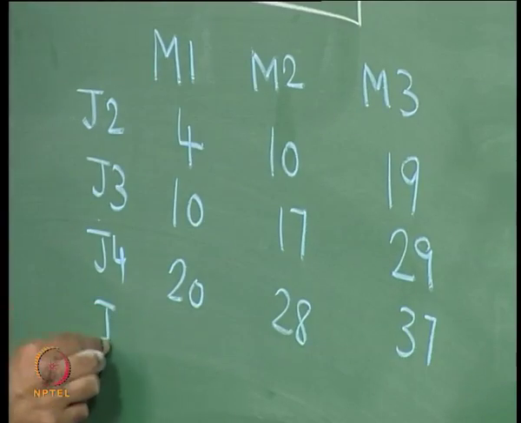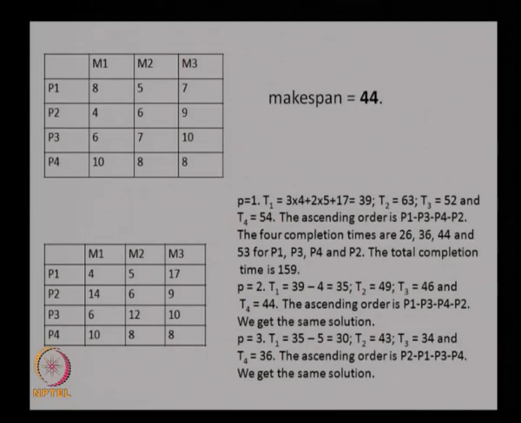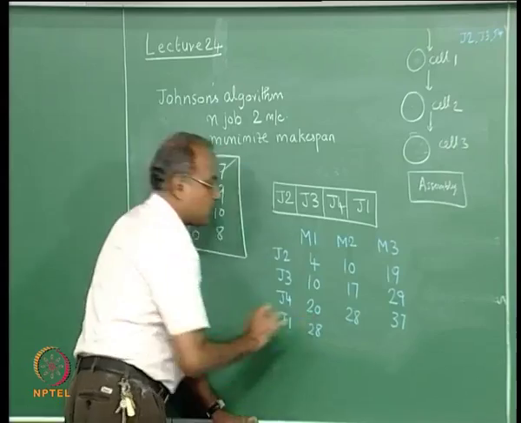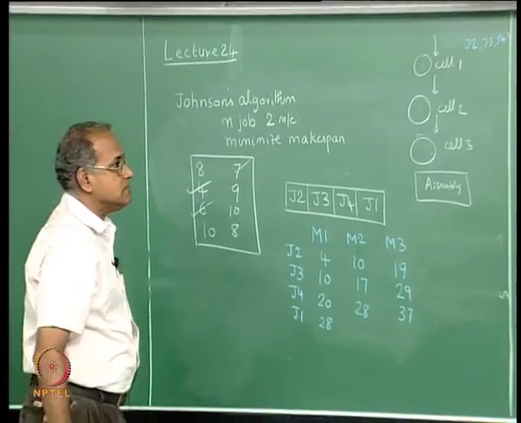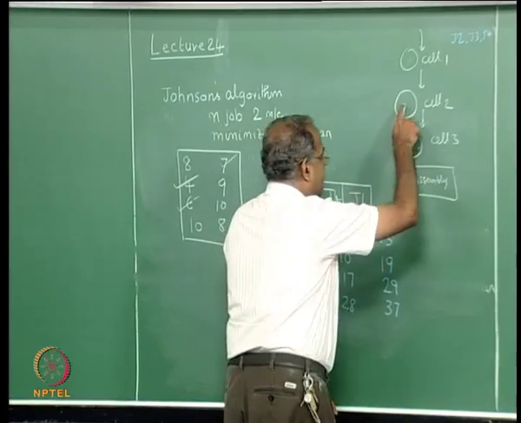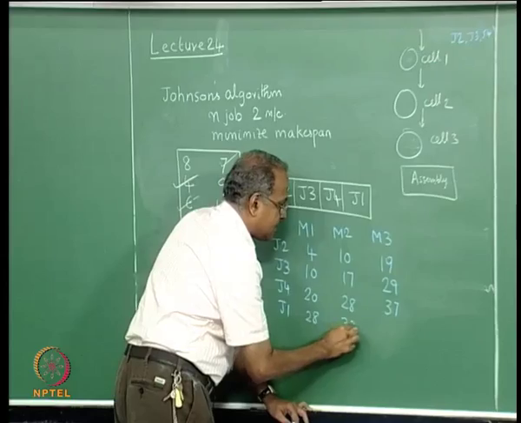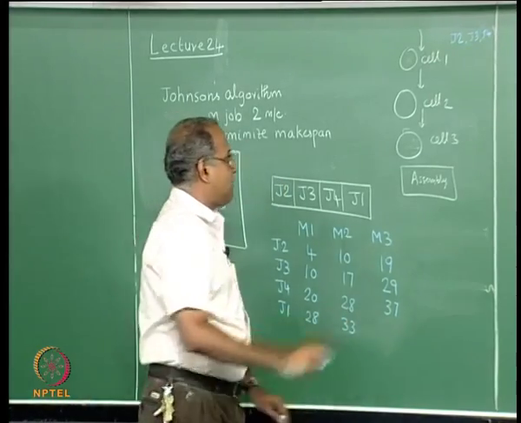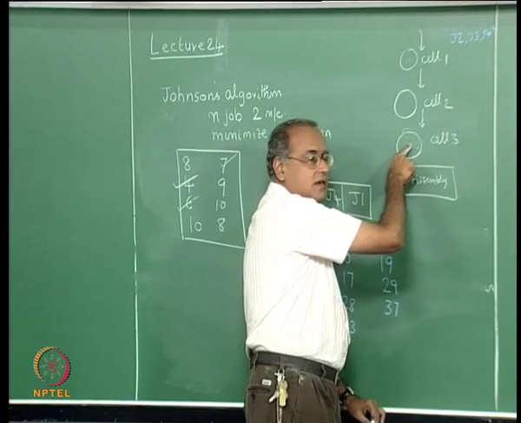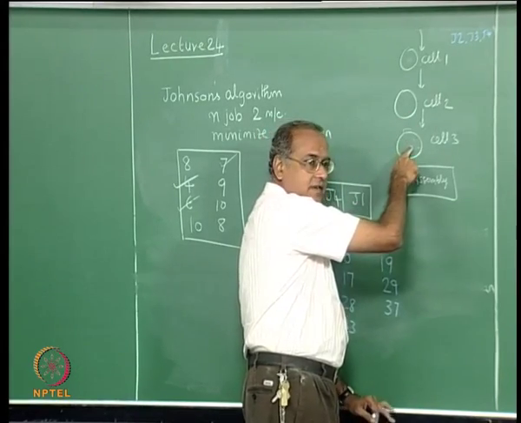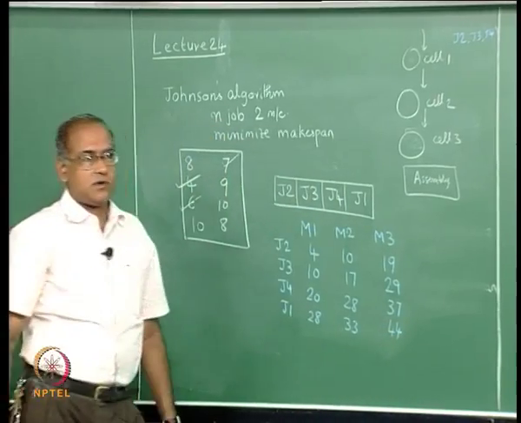Now J1 is the last one. J1 enters at 20, finishes at 28. Now at 28 exactly this machine is free, so it takes another 5, 33. So J1 comes here at 33, but this is free only at 37, so it takes this at 37 plus another 7, 44 it comes out.